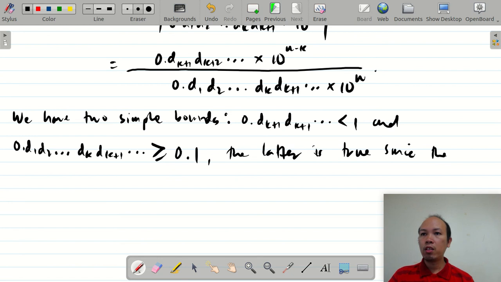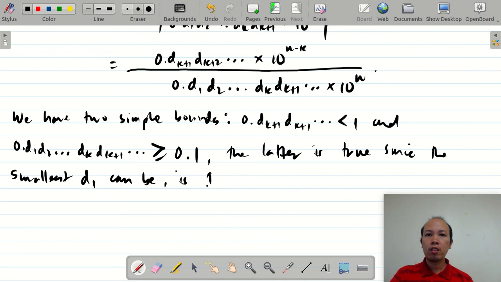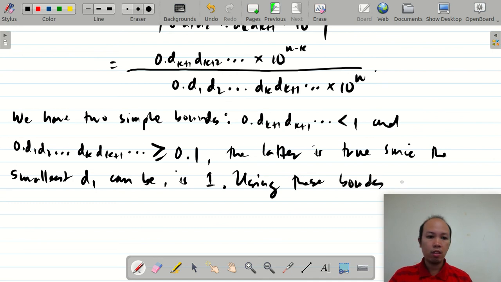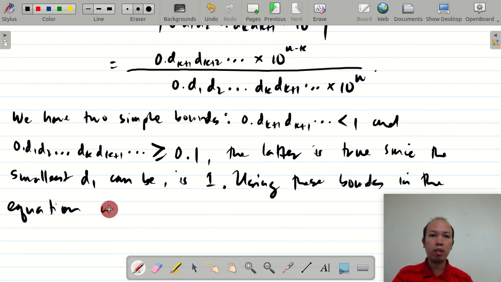Since the smallest d sub 1 can be is 1. So just imagine using these bounds in the equation above.